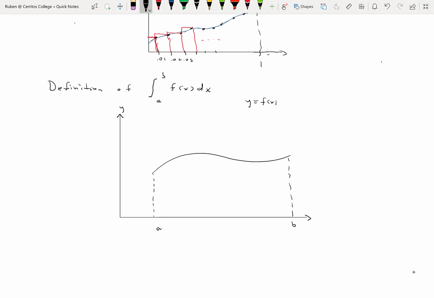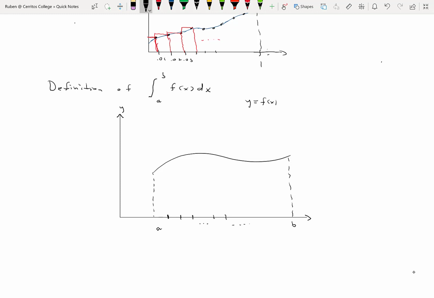So we imagine taking the interval from a to b and chopping it up into n subintervals of equal length delta x. So here's the first subinterval from a to a plus delta x. Here's the second subinterval. Here's the third subinterval. Somewhere along the line in between a and b, we have a typical subinterval, number i subinterval.